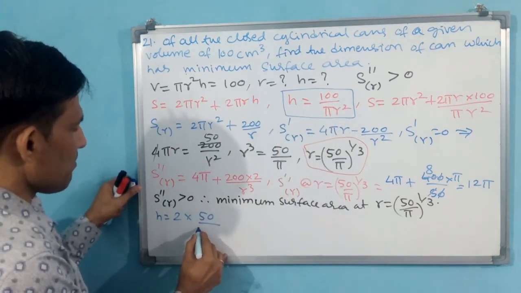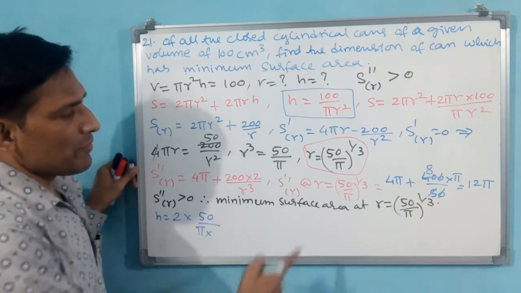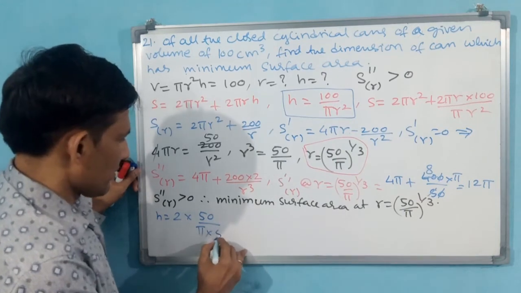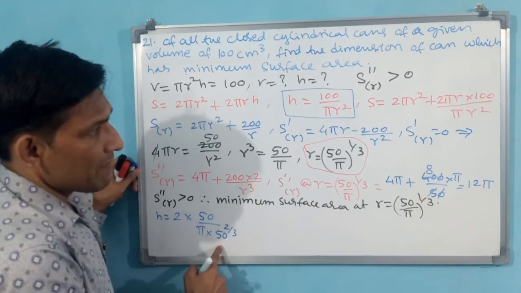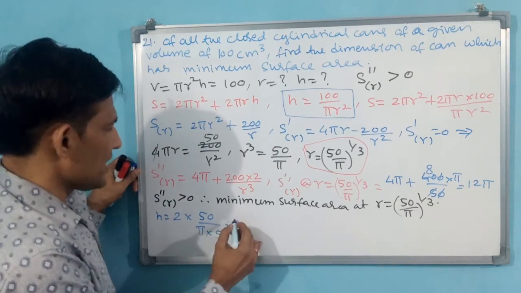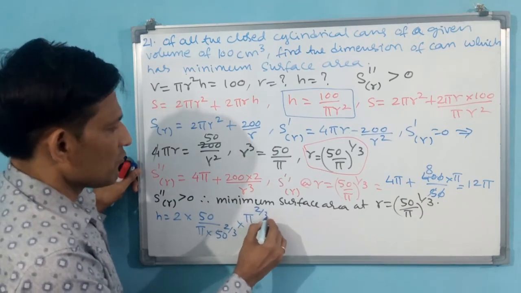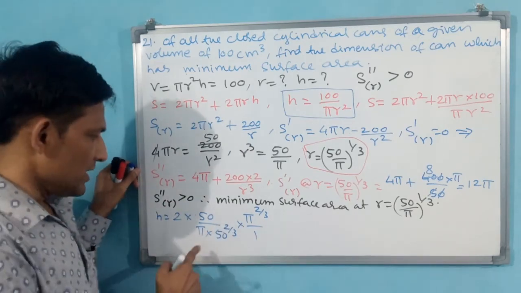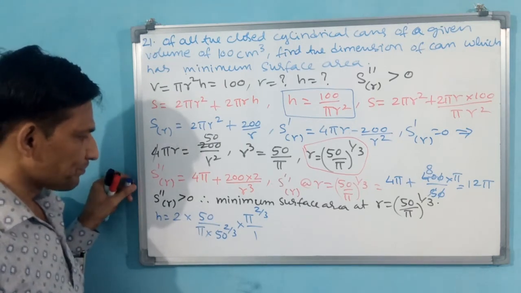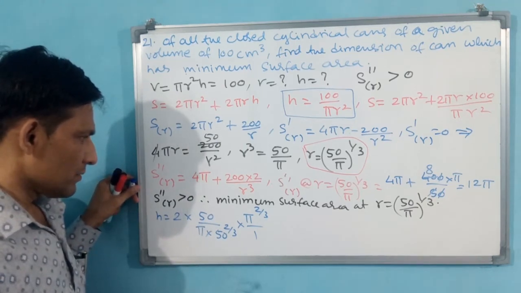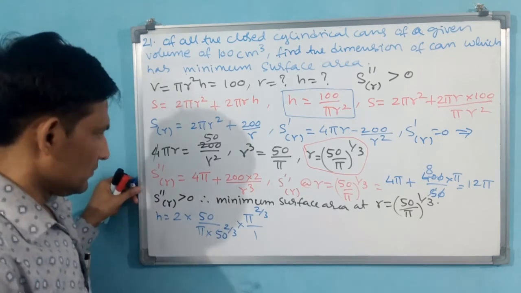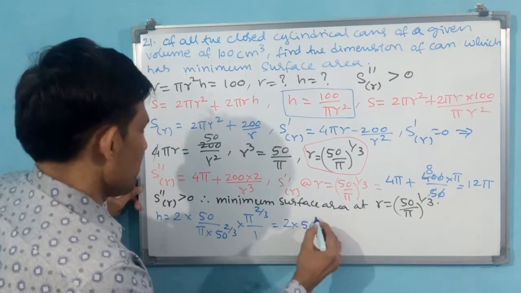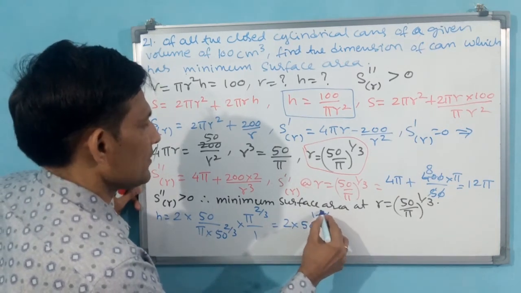Pi r square means, you see how I am writing this. r is this one, square means power 2 by 3 will come, divided by pi power 2 by 3. Why? Because 50 divided by pi means it goes on top. See what I am doing: 2 into 50 power 1 minus 2 by 3.